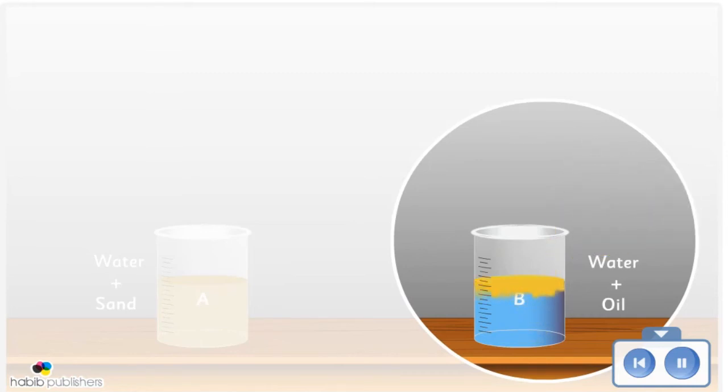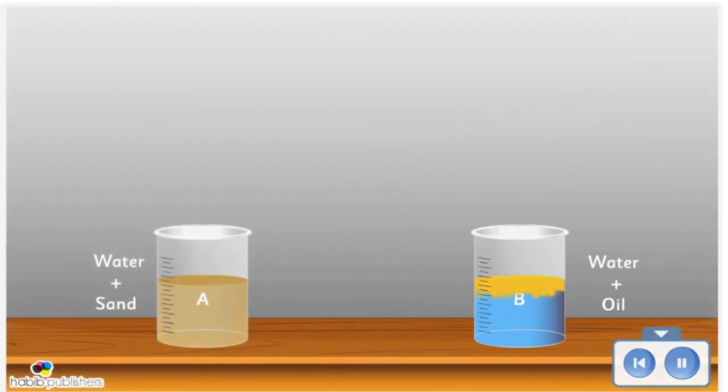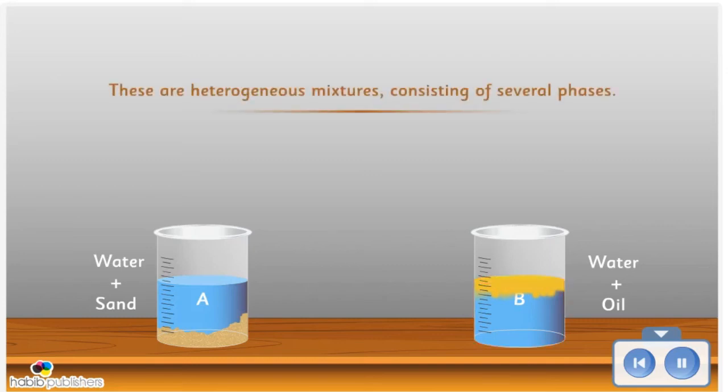Let the two mixtures, water and sand, and water and oil, stand for a few minutes. We notice that we can clearly distinguish the various constituents in each of these mixtures. The sand remains at the bottom of the water in beaker A, and oil floats on top of the water in beaker B. These are heterogeneous mixtures consisting of several phases.